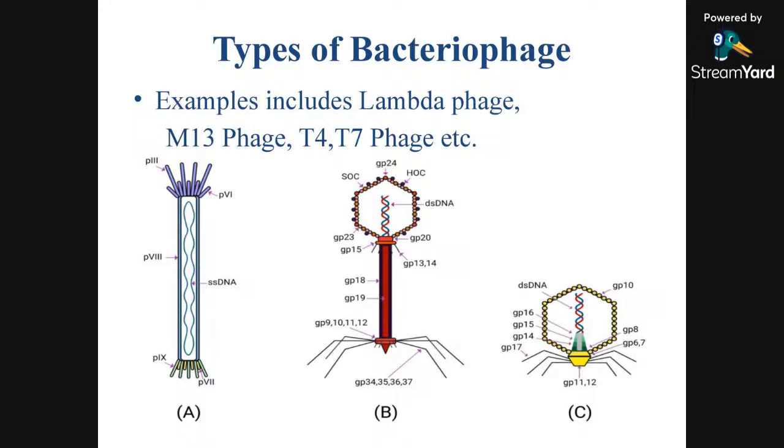The second image shows an example of a tailed phage. It is the most common type of phage. Its examples include the T4 bacteriophage. And the third image is an example of an icosahedral phage. It has a spherical capsid without a tail. Its examples include the MS2 phage.